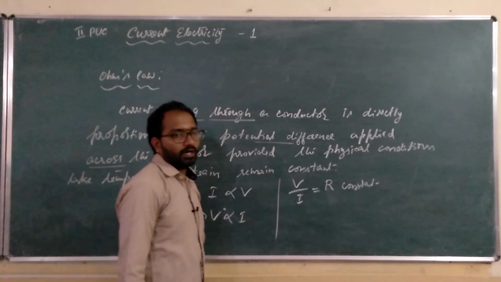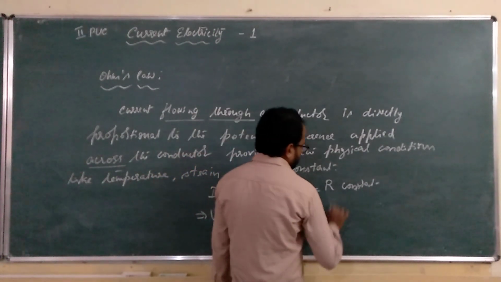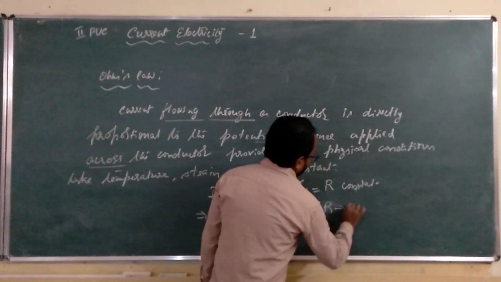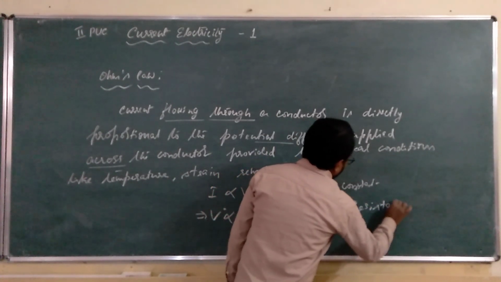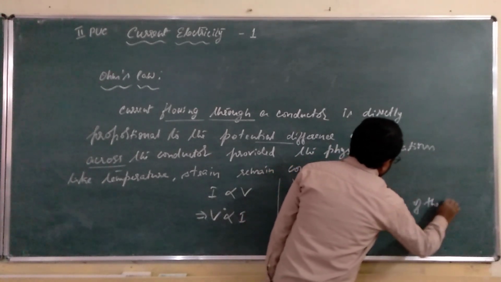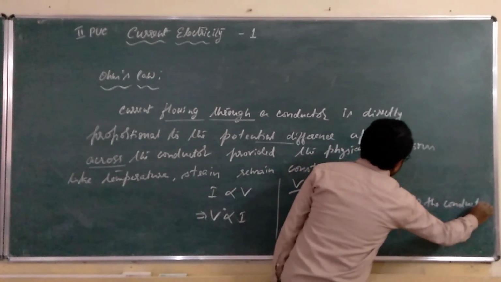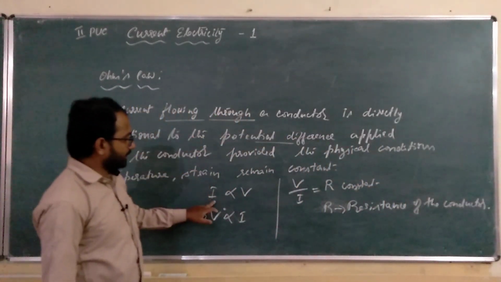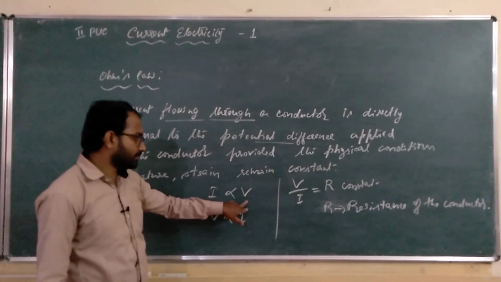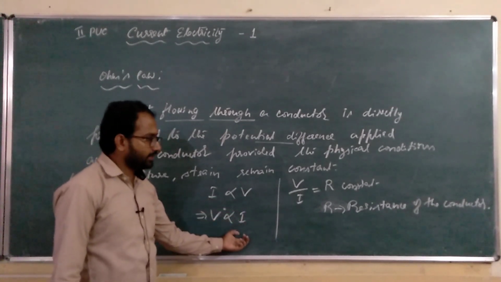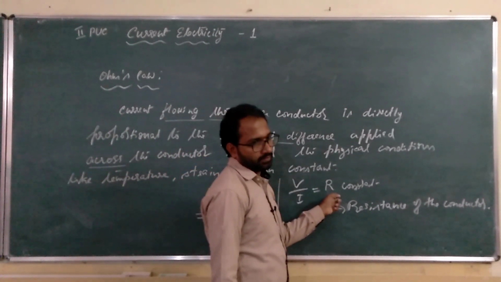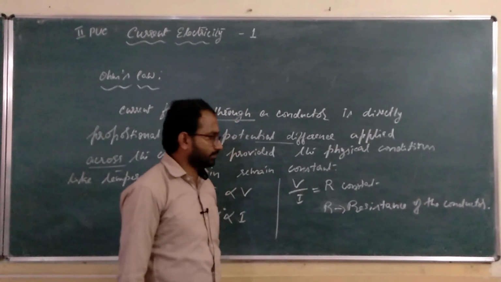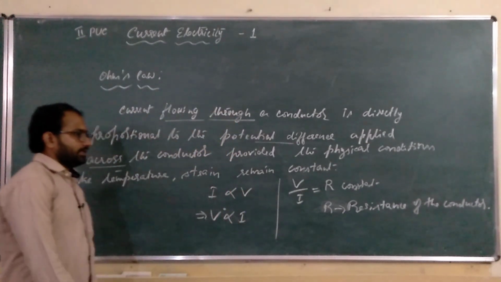Therefore, V by I is equal to R, a constant which is called the resistance of the conductor. Since current flowing through the conductor is directly proportional to the applied potential difference, V by I is a constant for that particular conductor, which is called the resistance of the conductor. So, V by I is equal to R.